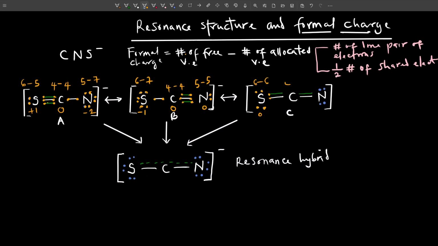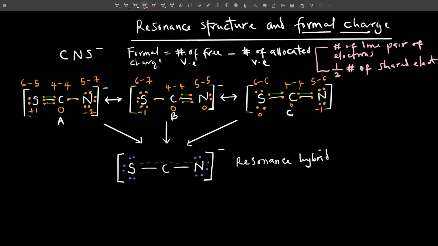For carbon, 4 minus, let's count again, 1, 2, 3, 4. That will give me 0. And for nitrogen, 5 minus, let's count, 1, 2, 3, 4, 5, 6. That will give me minus 1. So I think you get the idea on how to calculate formal charge. These numbers you see here are called formal charge.